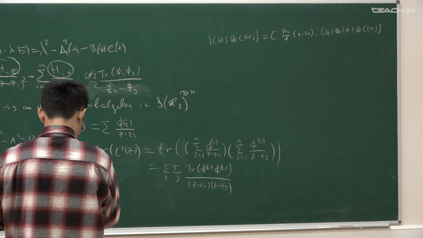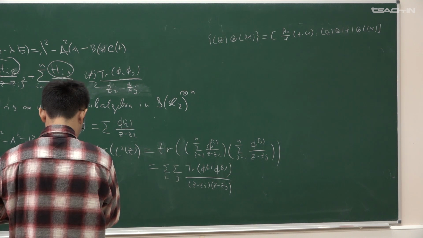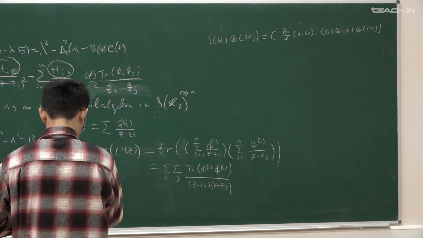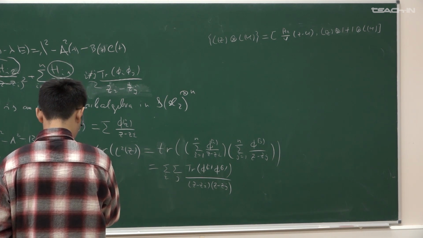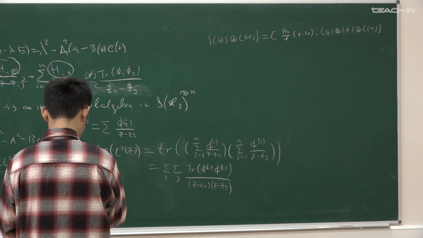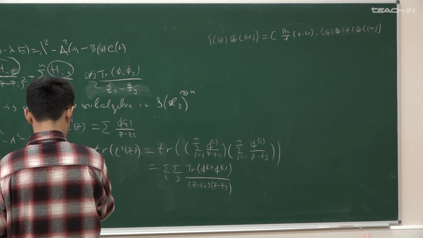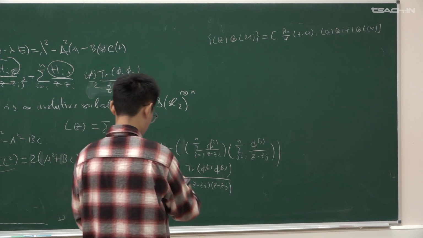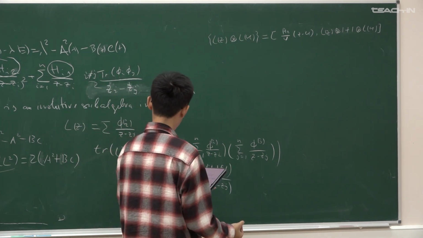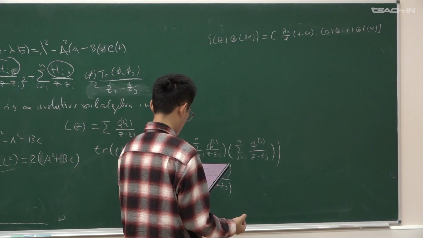So it's better to remind the initial definition of the Poisson bracket in terms of the matrix entries of phi. Do you remember the form of phi?